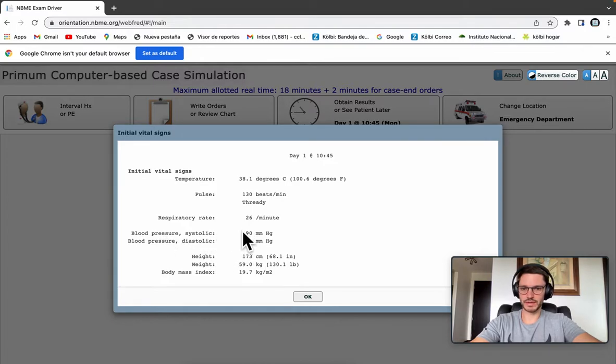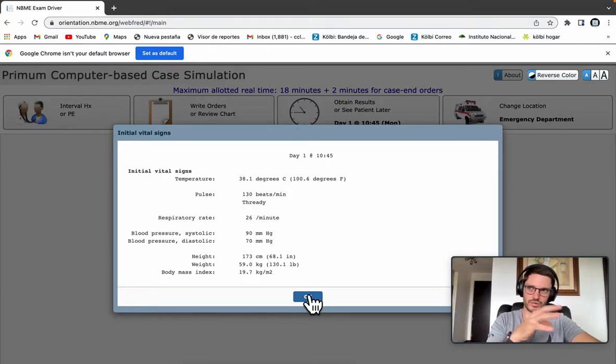Also, for USMLE, 90/60 is the definition for hypotension, but this is basically on the limit, so we could say she's hypotensive. She's tachypneic, and her body mass index is within the normal range. Okay, she's acutely ill, and we could say she is probably on the border between instability and stability.